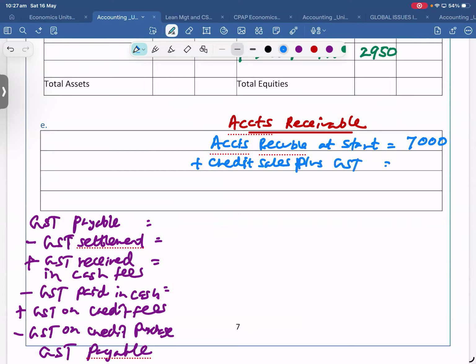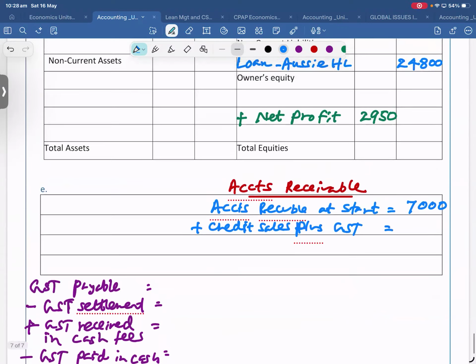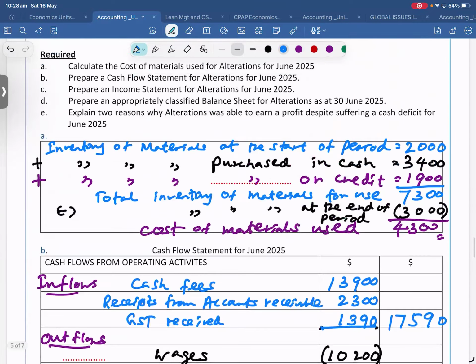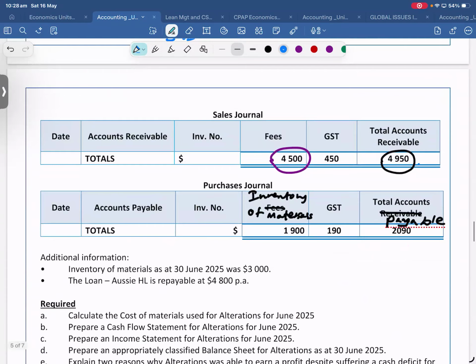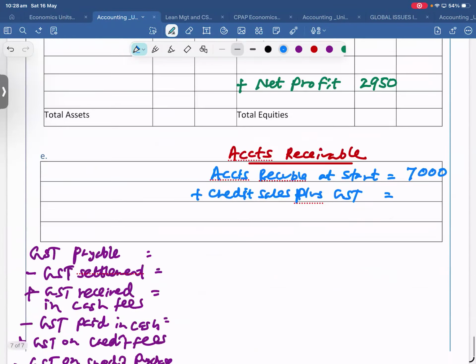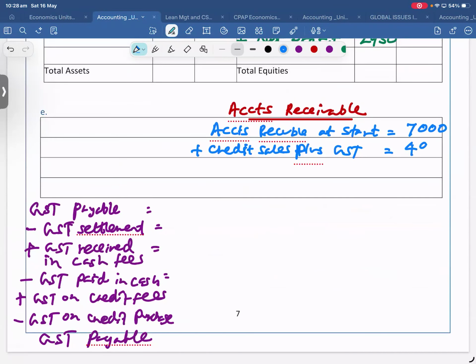Where can we find this one? Sales journal. Very good. 4,950 if I'm not mistaken. Yes, 4,950. So then we take that 4,950.